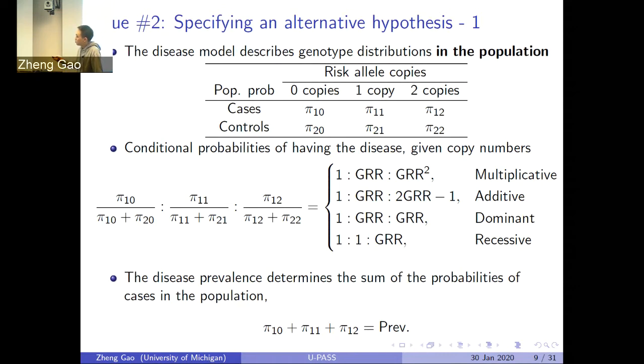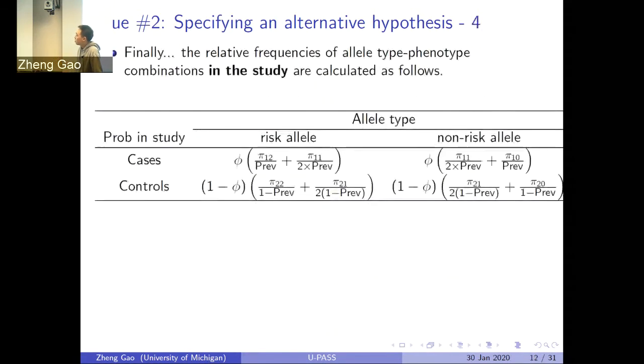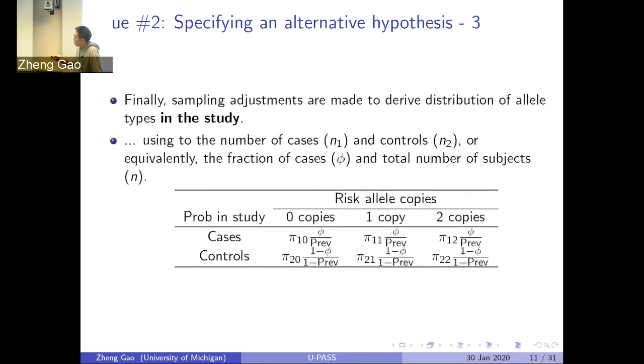And let's say you typically do a study with 50% control and 50% cases. Then you have to adjust for that fact as well. So in the sample, in the study, you have to adjust for the fact that you oversample the cases. So in addition to this pi 11, pi 10, pi 12s, you adjust for the fact that the phi, which is the fraction of cases in the study, is larger than the prevalence that is actually in the population. So this line is scaled up, and this second line is scaled down if you oversample the cases.